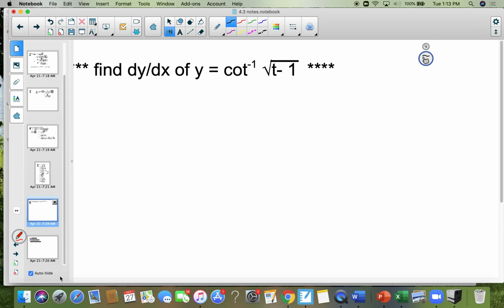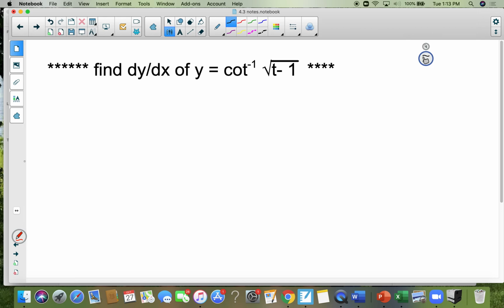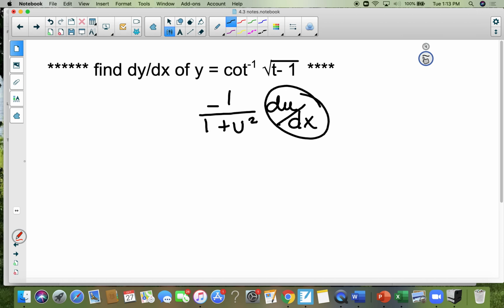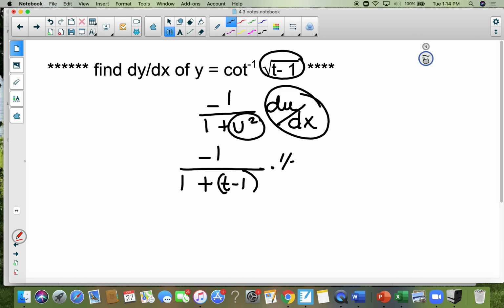Let's do the cotangent. The formula for cotangent needs to be a negative because of the cotangent du dx. A lot of people forget that, so don't forget that. So you're going to put a negative 1 over 1 plus, if you square this, which is your u, you're going to just get t minus 1 down there. But then you have to take the derivative of that, and the derivative of that is 1/2.